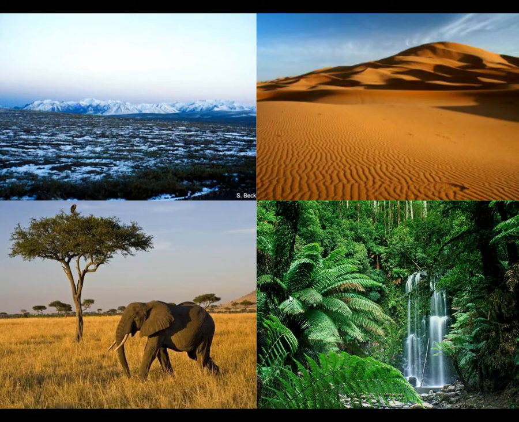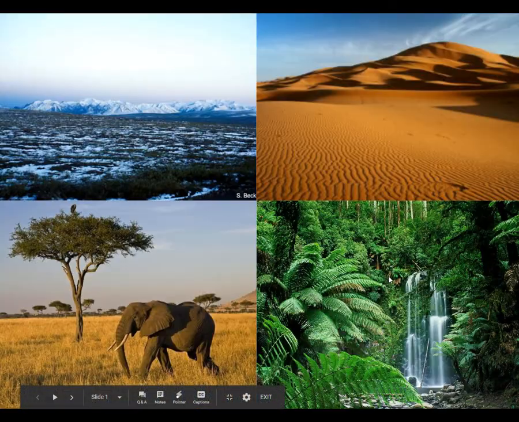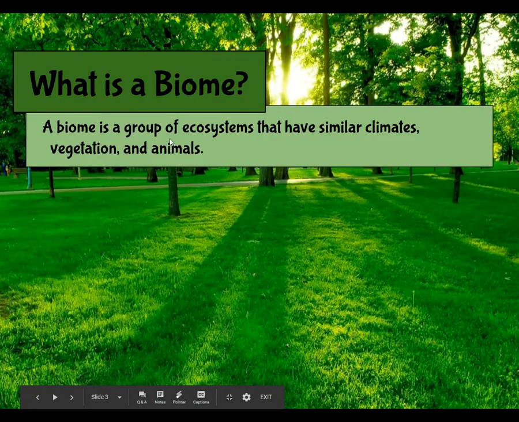This is out of my wheelhouse, so this may be geographically wrong, but maybe you see a capuchin monkey in one place and a chimpanzee in another place. They may be filling very similar roles, but they're not the same species. And so that's what a biome is. A biome is a very similar group of ecosystems. They have similar climates, similar vegetation, similar animals, but it doesn't mean they're the exact same.